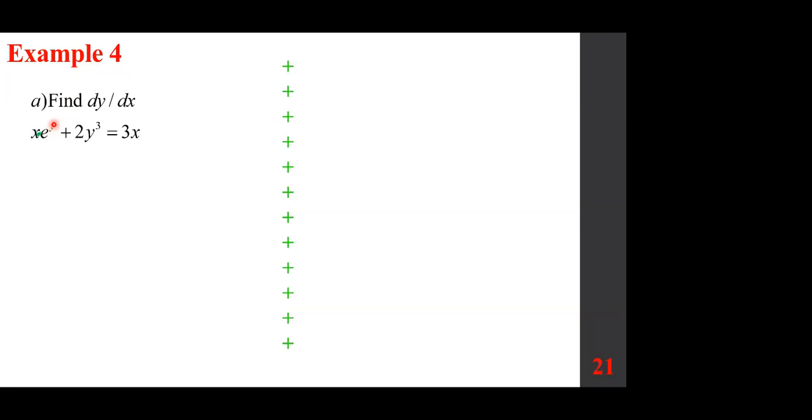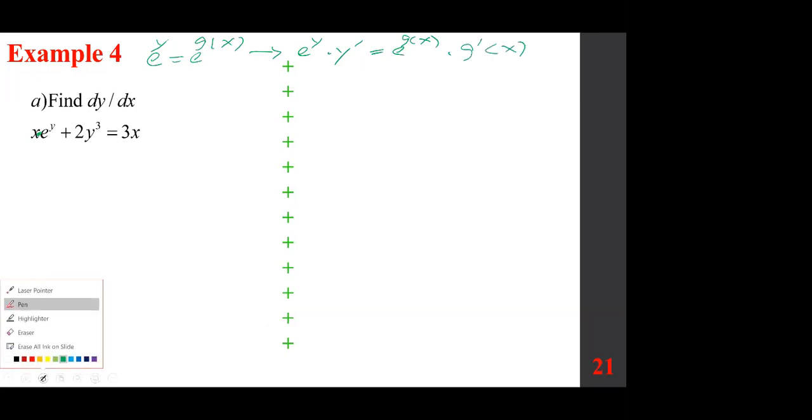Remember, y is the same as g of x. So e to the power of y is the same as e to the power of g of x, and differentiating it becomes e to the power of y times y prime, or e to the power of g of x times g prime.